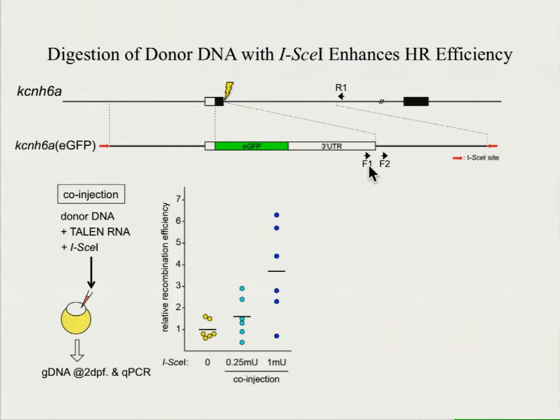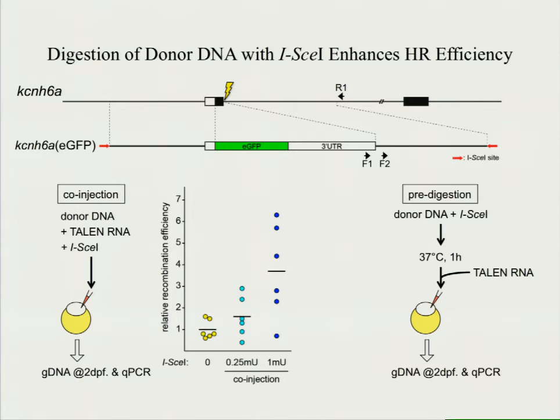As shown here, the recombination efficiency increased dependent on the ICE1 addition. We also pre-digested the donor DNA with ICE1 prior to injection. Still, we could see the enhancement of recombination efficiency by ICE1 addition.